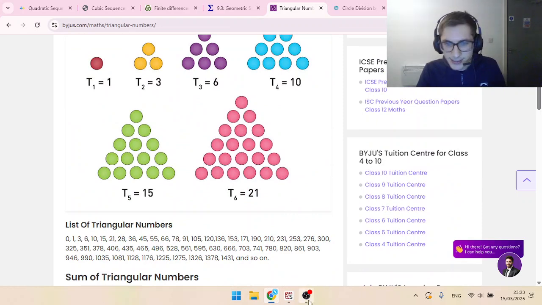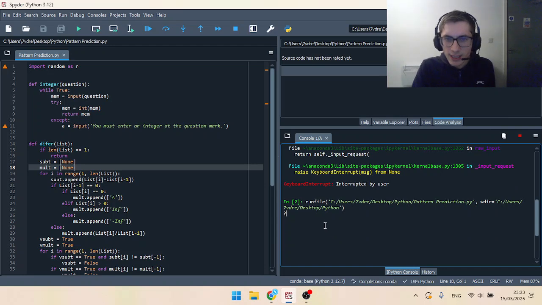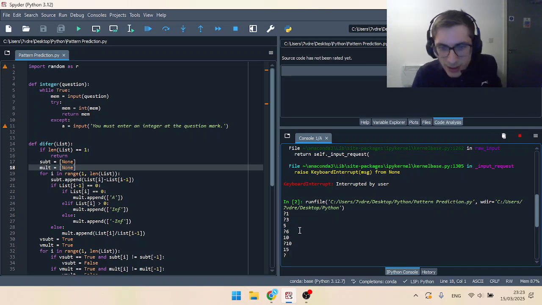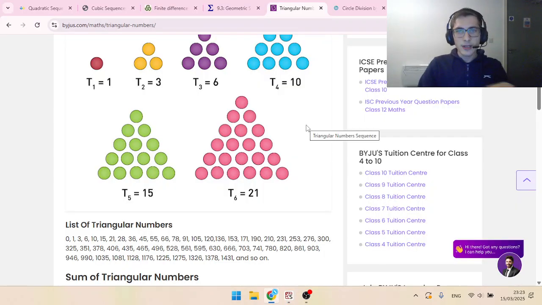I'm going to start with 1, 3, 6, and 10. That is correct. So 10, 15. So it's solved and predicted this pattern of triangular numbers quite quickly.